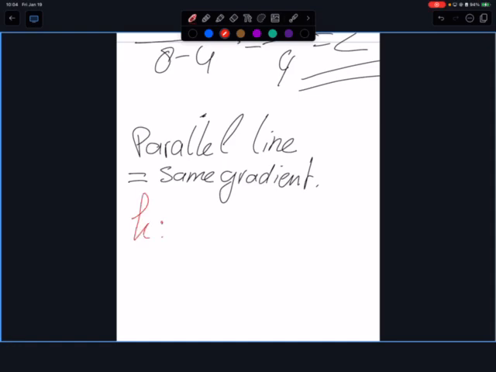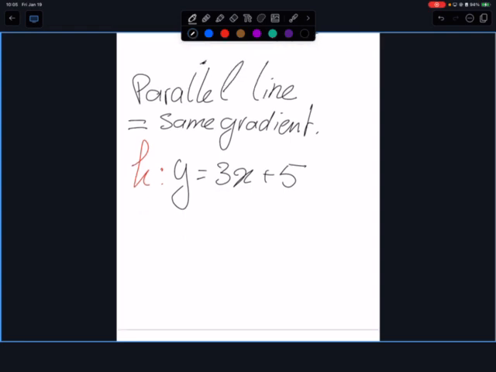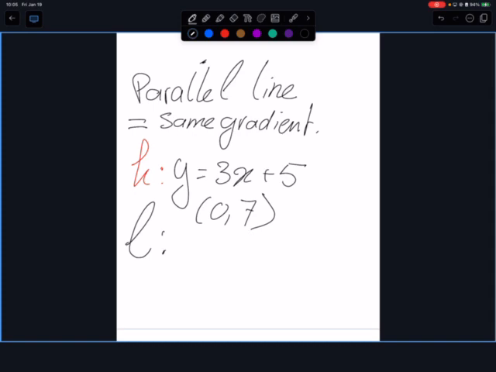So if I have line K equals, and these questions can come in paper ones, they tell you line L goes through 0, 7 and is parallel to line K, and then goes A, B, C, D. What is the equation for line L?